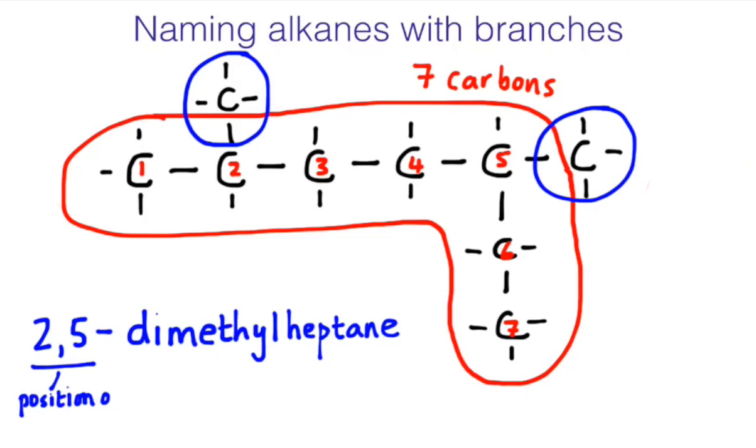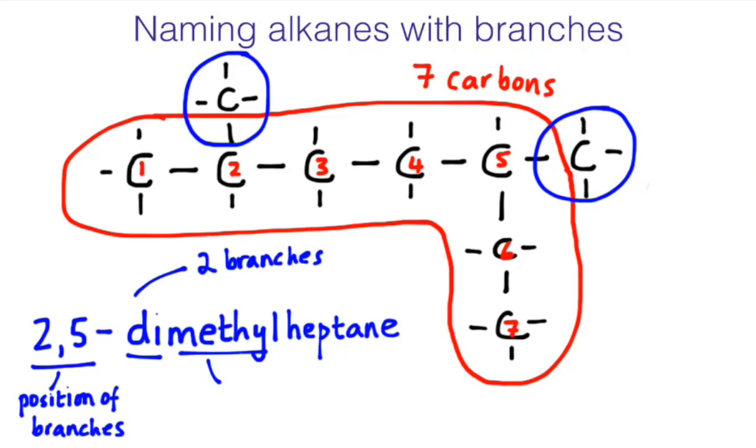The 2,5 indicates that the methyl groups are on carbons number 2 and number 5. So we separate them with a comma, and we put a dash between numbers and letters. Di indicates that there are 2 methyl groups. Methyl means that the groups have got 1 carbon atom in each group.